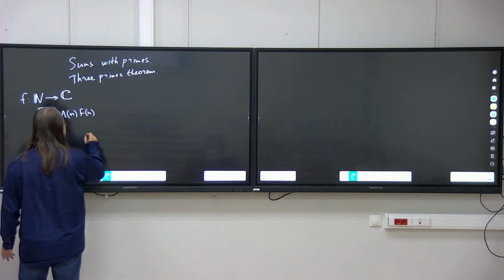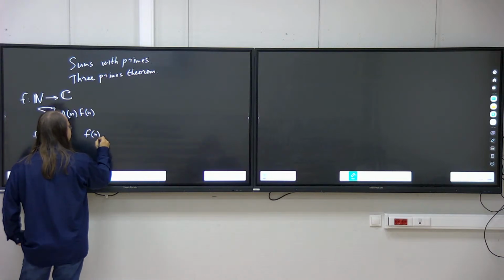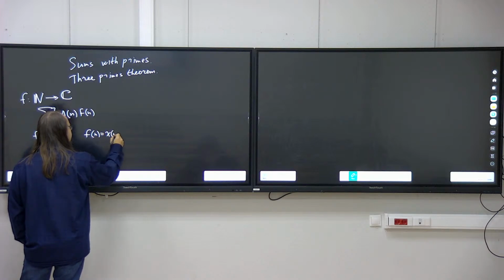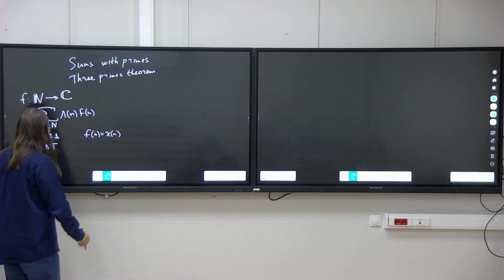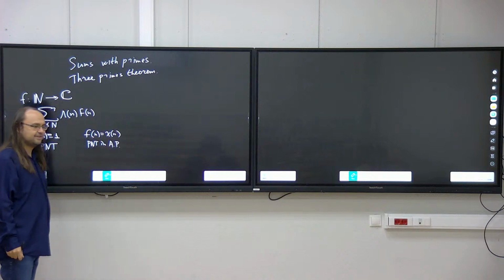And if you take, say, so this is the prime number theorem, if you take f of n to be some Dirichlet character, this is the prime number theorem in arithmetic progressions, right?